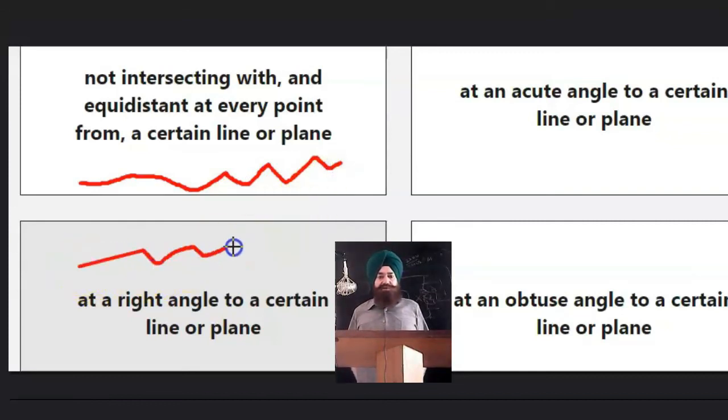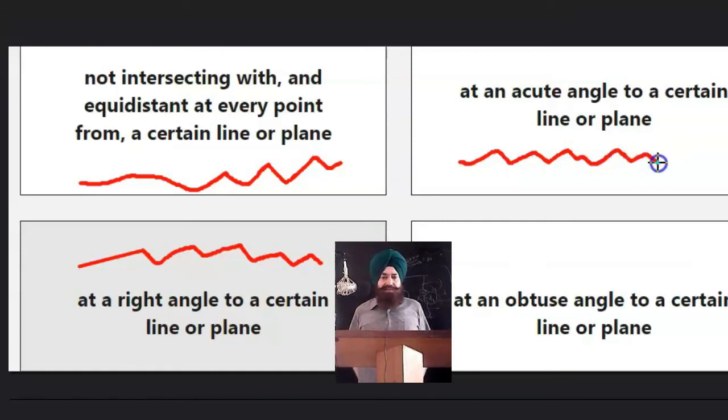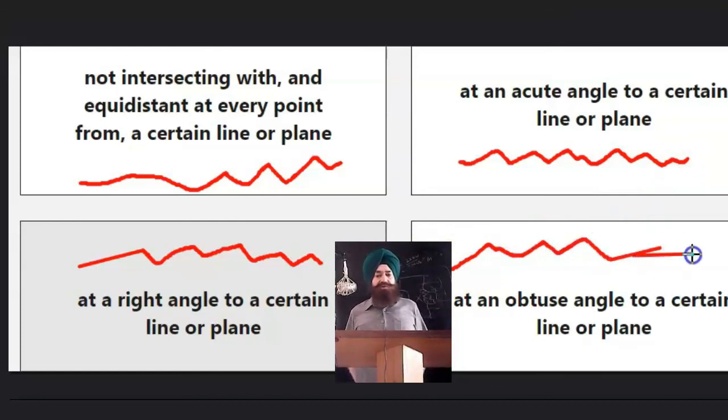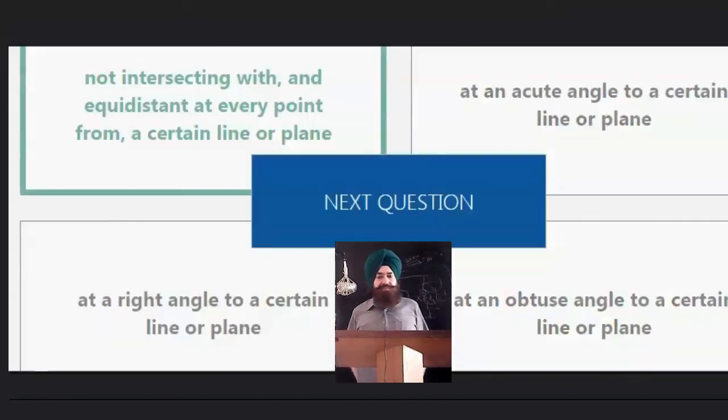And at right angle to a certain line or plane, is this one correct? Acute angle, is it parallel lines? And obtuse angle to a certain line or plane, does it mean parallel lines? Okay, which one is correct? Time starts now. So not intersecting and equidistant at every point, this is the correct answer.